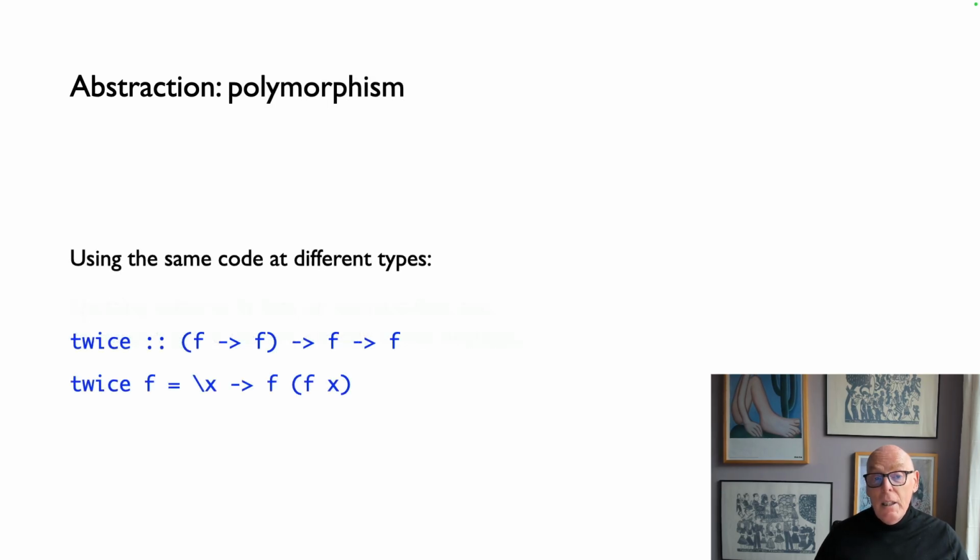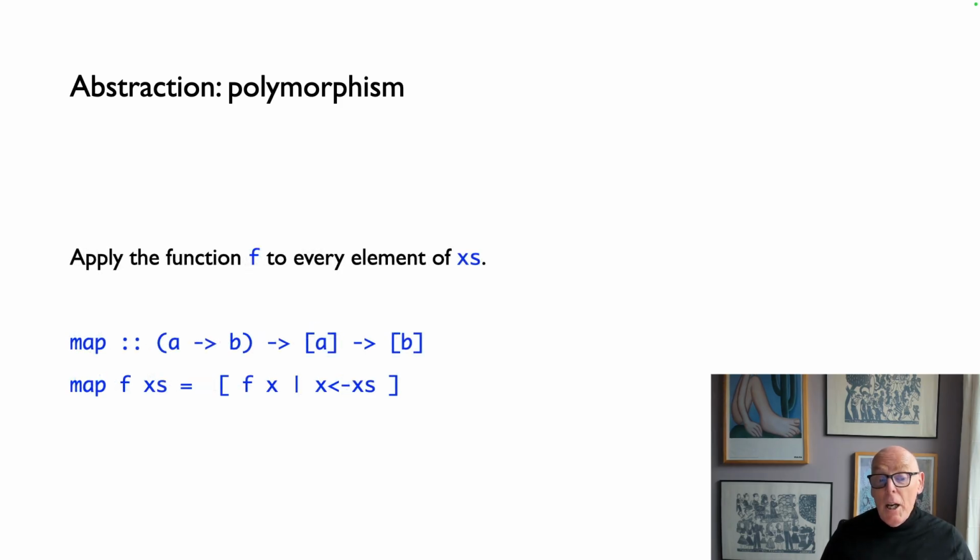So we've seen abstraction through polymorphism. We can use the same code at different types. So for example, the twice function, which takes a function from a type to itself and applies the function twice. We can use that at whatever function type we like, as long as the function has the same input and output types.